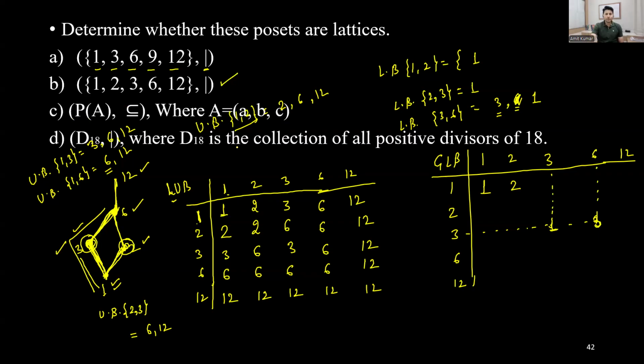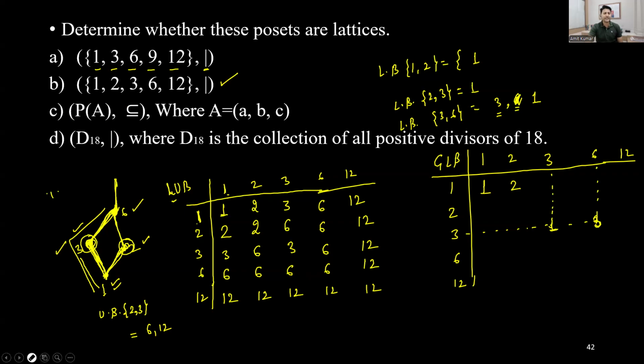So there are a few more examples. I suggest you try them by yourself. These are the two more examples that we are having. The C part is for subset with the power set of A. The hasse diagram for the C part we did in the last session, I think. Then for this D part, D18 with the operation divisibility.